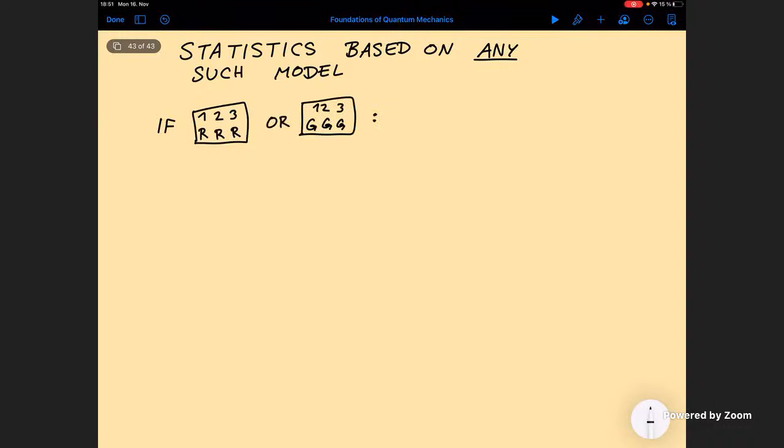Well, that would mean if I now look at the combinations of colors that I get at the two stations, I can never get RG or GR, not even if I choose different settings, because say in the first case, it's always R, regardless what you choose. Even if you choose a combination 2, 3 at the stations A and B, you still get RR because there is only R.